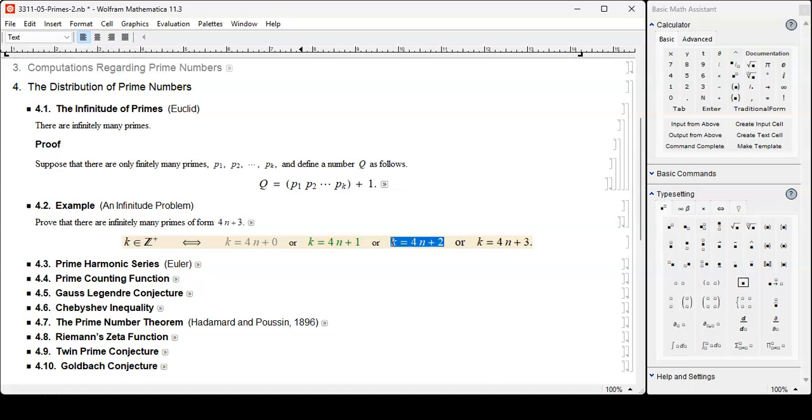How many prime numbers are there of this form? There is one, just one. It's an even number, and we have only one even prime, 2. When n equals 0, then this drops out, and we have 2. That's the only prime number.